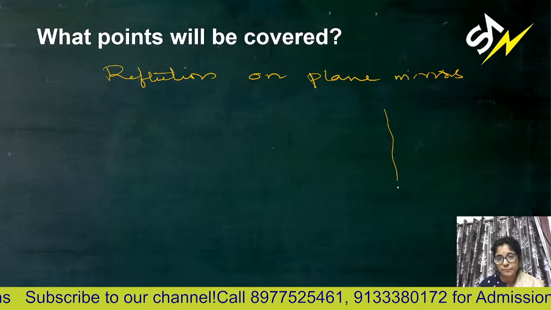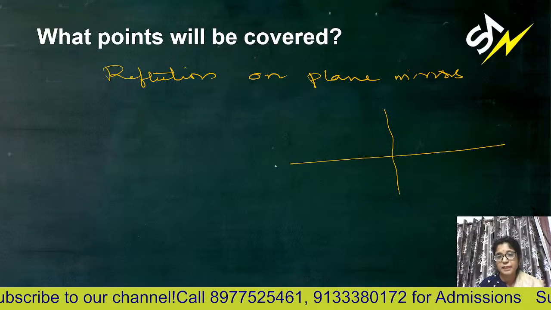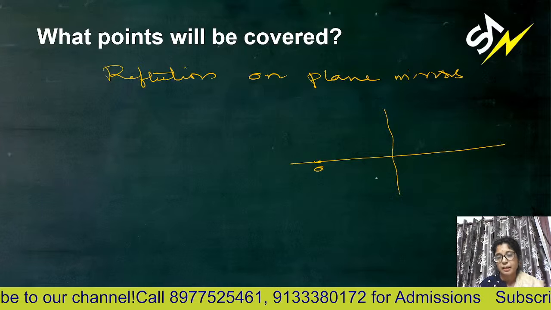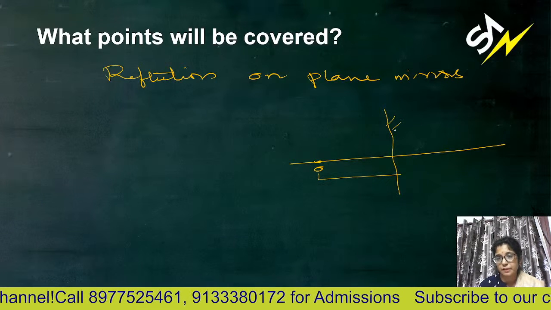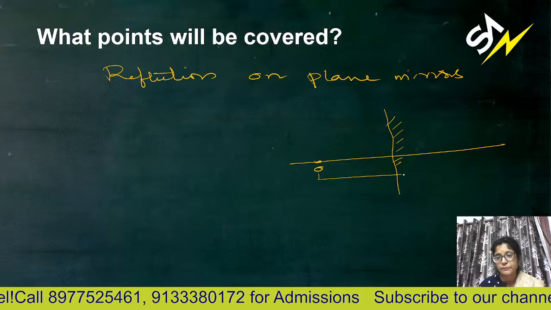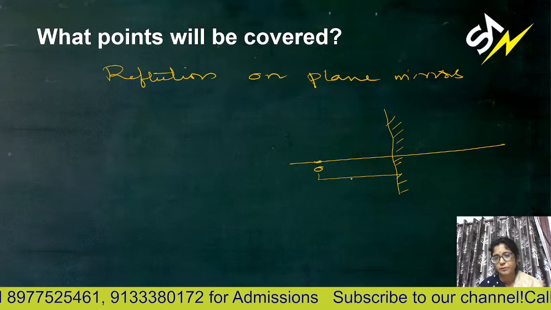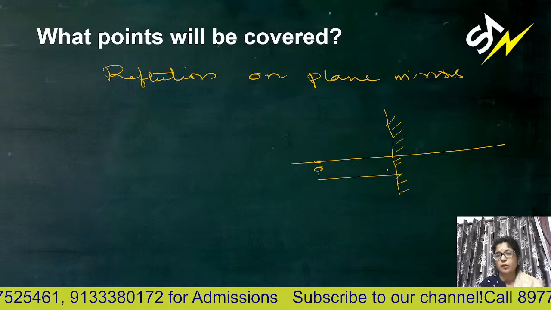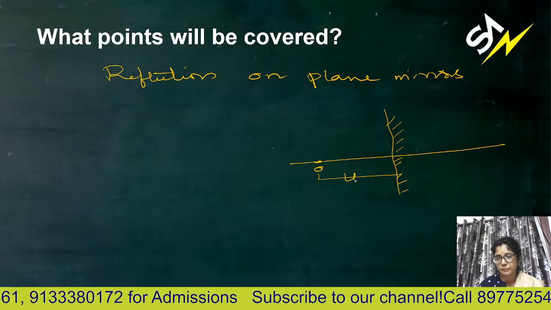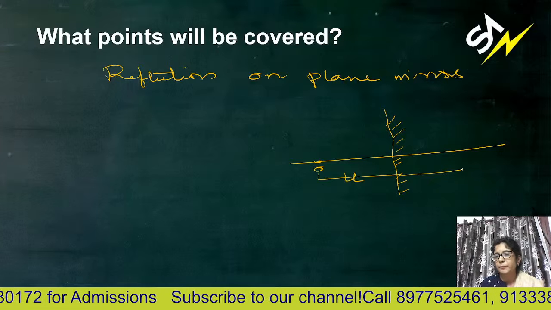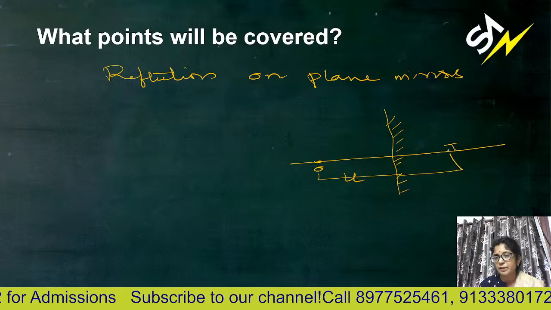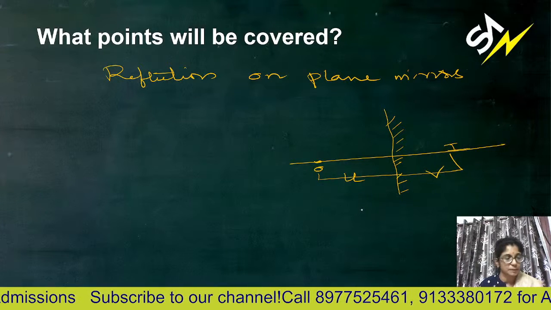What is happening here? For example, an object is placed somewhere here, and we represent the mirror like this, a plane mirror or any type of curved mirror too. The distance from the object to the mirror is u, and the distance from the mirror to the image is represented by v.